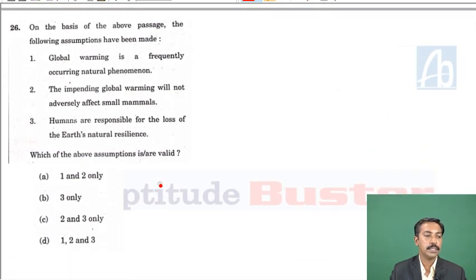Question number 26. On the basis of the above passage, the following assumptions have been made. Statement 1, global warming is a frequently occurring natural phenomenon.